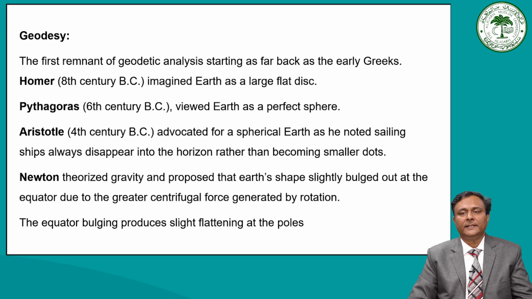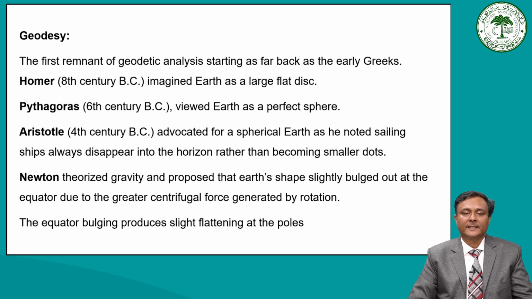The study of geodesy begins with mere curiosity and the never-ending human desire to explain the Earth's unknown through logic. The first remnant of geodetic analysis started way back, especially in the Greek period, when Homer in the 8th century BC imagined Earth as a large flat disk.